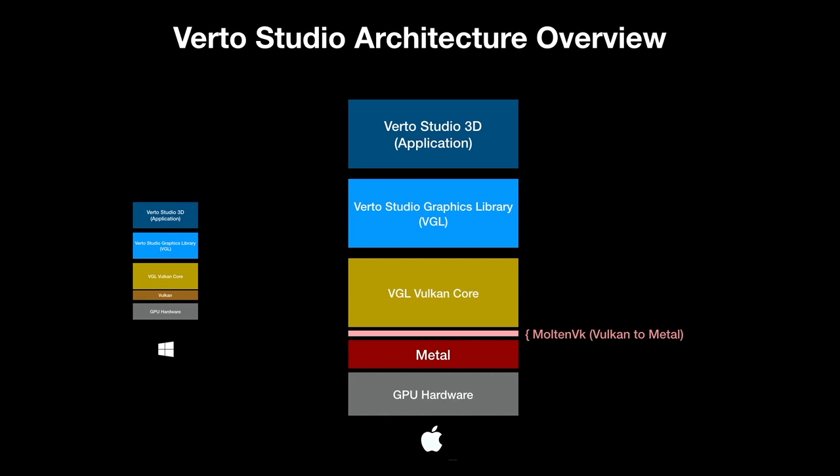On Mac, this is a little bit more complicated than just saying I use Vulkan. Some of you watching might be like, well, I thought there was no such thing as Vulkan for Apple, and that's true. Apple does not directly provide Vulkan as a graphics API. However, as I alluded to in my past video on this topic, there is something out there called MoltenVK, which is an open source implementation of the Vulkan graphics API on top of Metal.